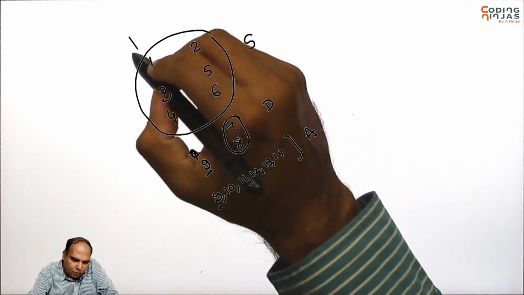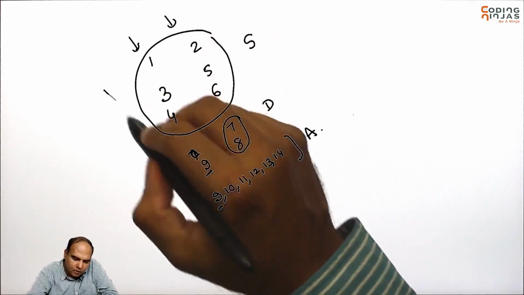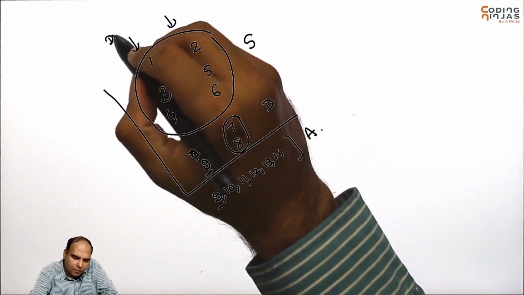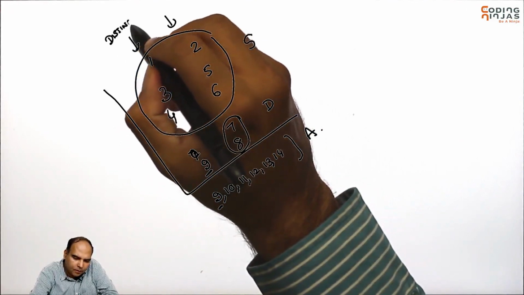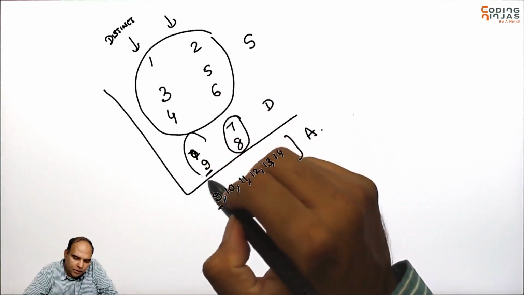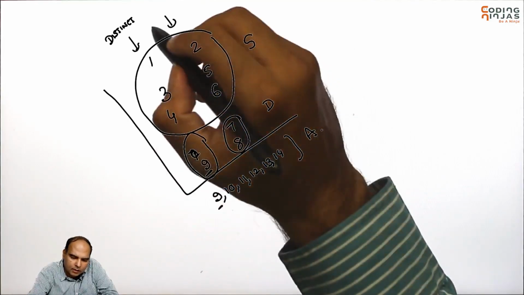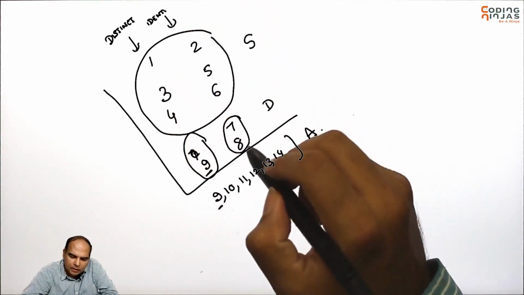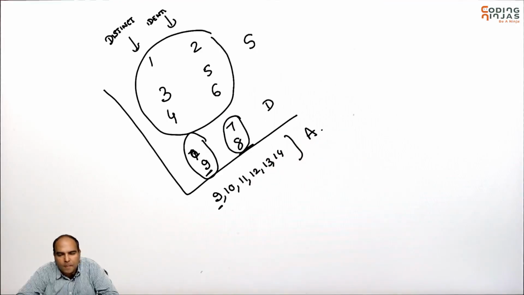And why I've written it in 2 columns, at least the first 2 parts, is because this is selection from distinct objects, this is distribution of distinct objects, this is selection from identical objects, and this is distribution of identical objects. So that's why I'm putting them this way.